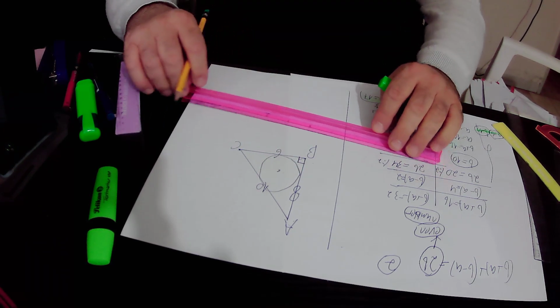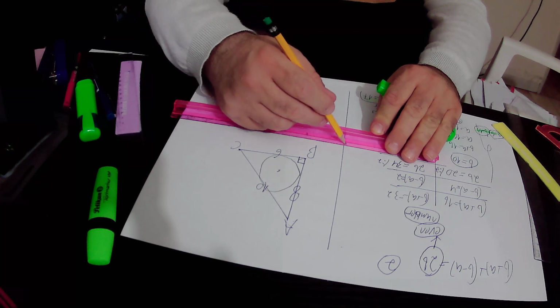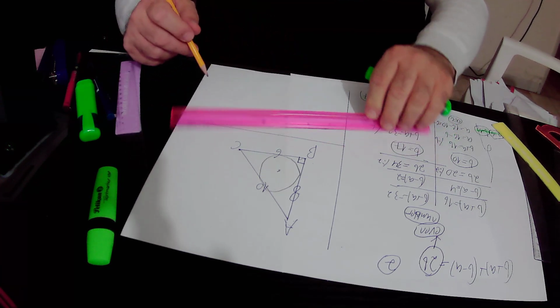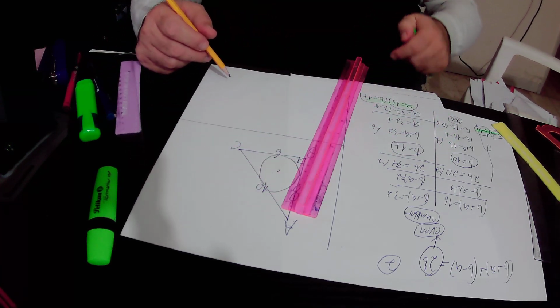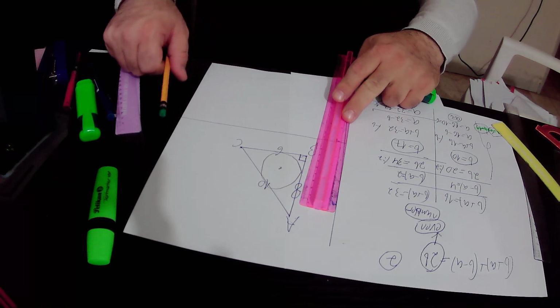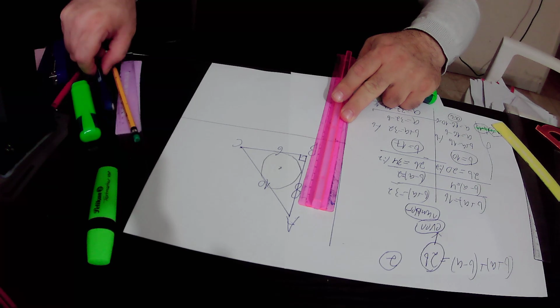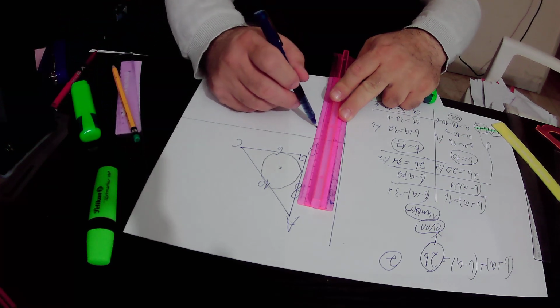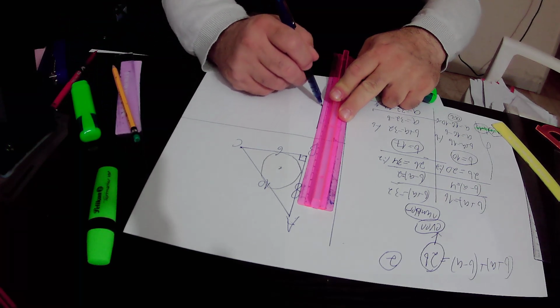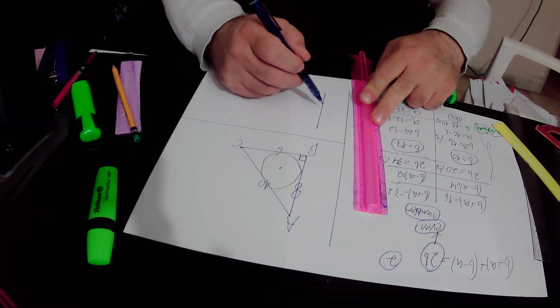Okay, and the second solution to the question is the right triangle ABC, where we have one perpendicular that is equal to 8 units. It is given in the question.